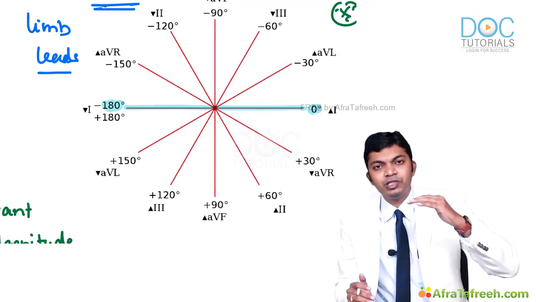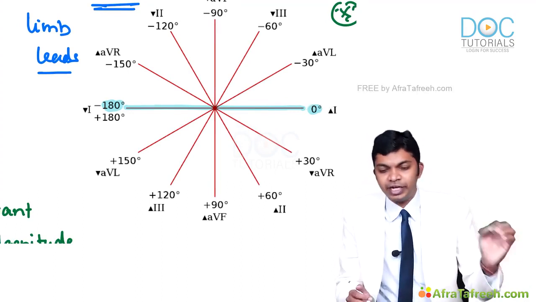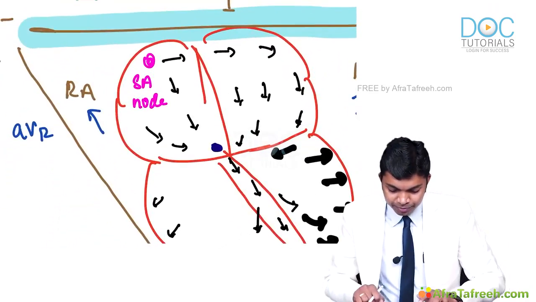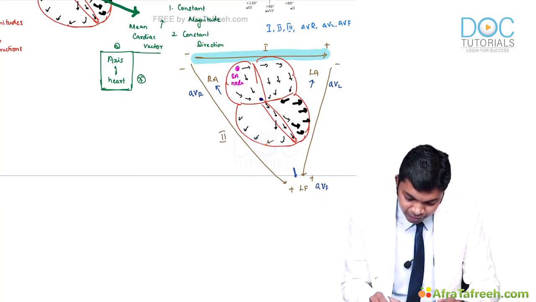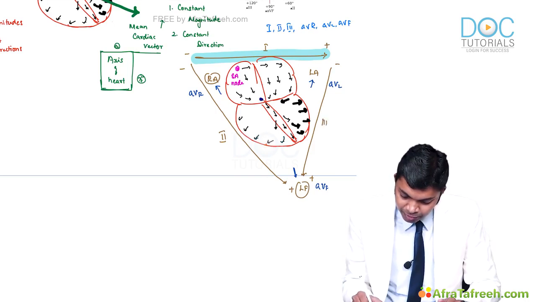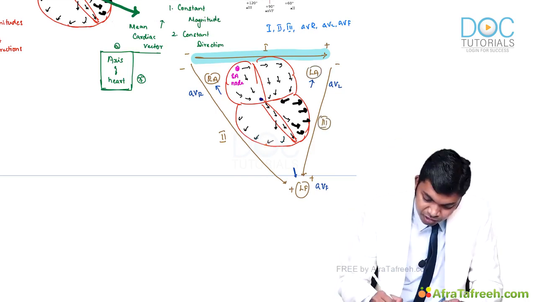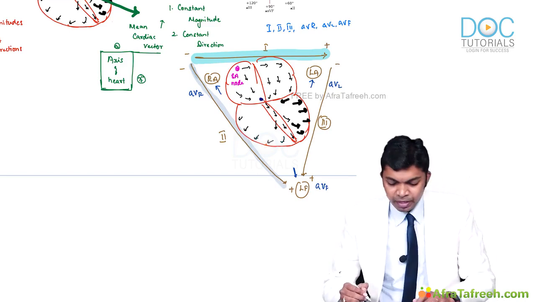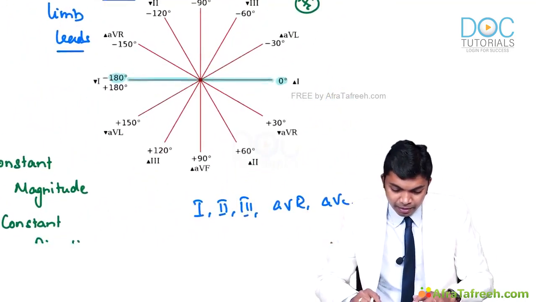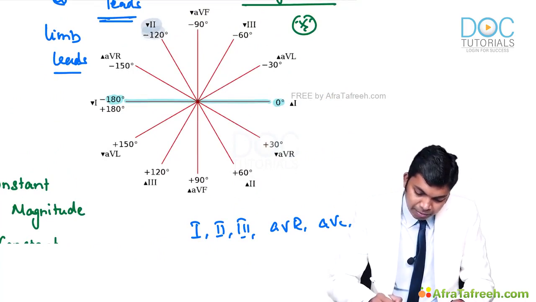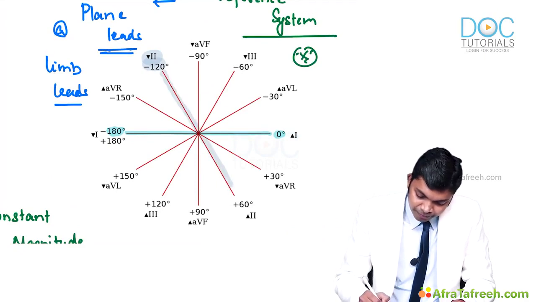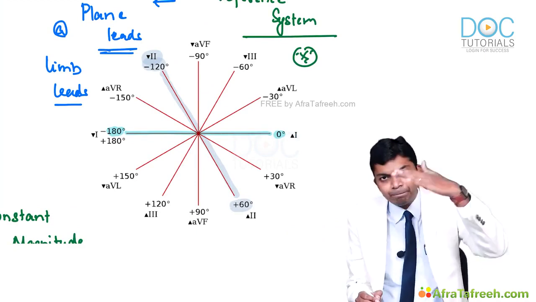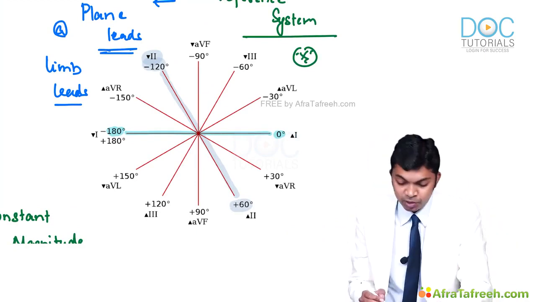So lead 1 is represented as 0 degrees on one side and 180 degrees on the other. Now look at lead 2. Lead 2 is constructed from the right arm to the left foot, and lead 3 from the left arm to the left foot. If you use the angle extending from the right arm to the left foot, lead 2 extends between plus 60 degrees below the horizontal line and minus 120 degrees above the horizontal line.